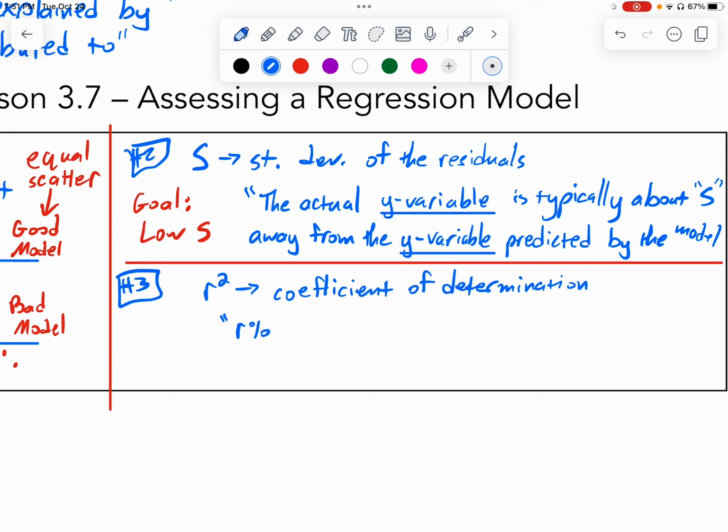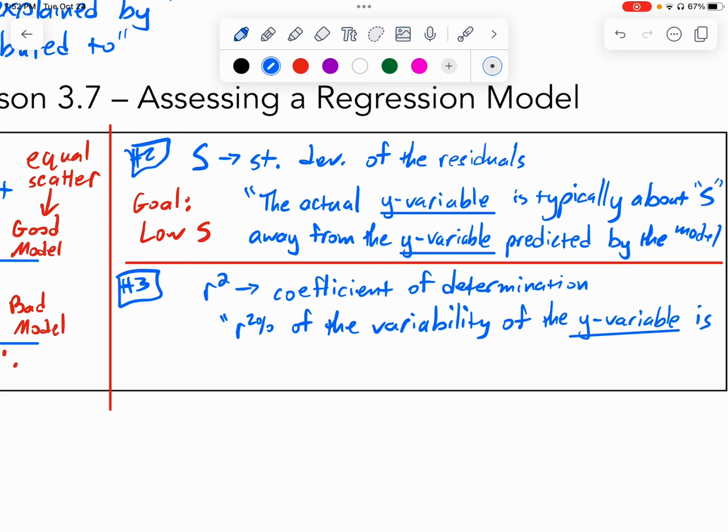R squared percent of the variability. This is kind of a repeat, but it is really good to write it a couple times to get it memorized. R squared percent of the variability of the Y variable is accounted for by the model.